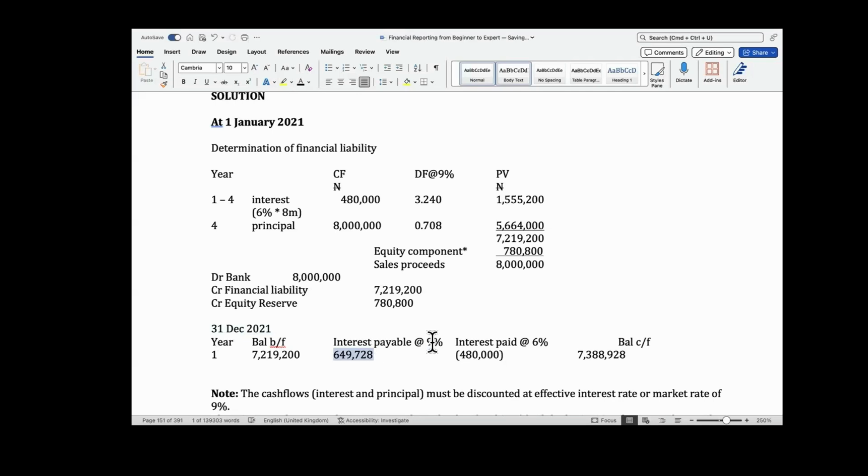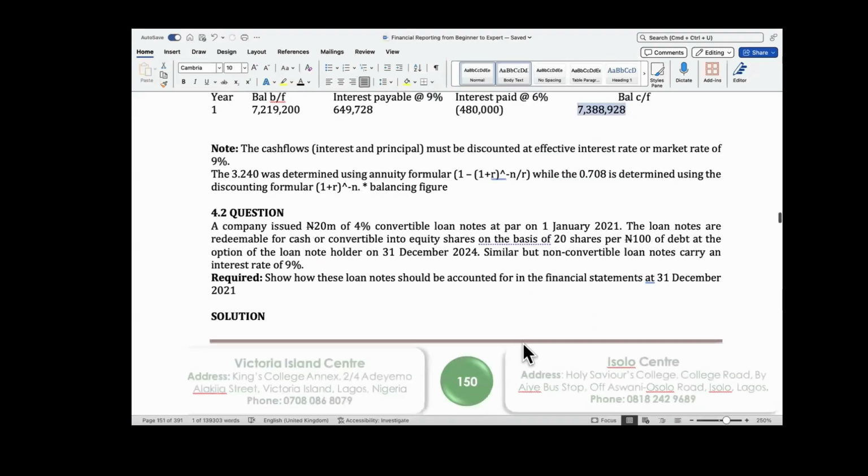That's the interest payable based on the effective interest or the market rate. While under your non-current liabilities, this will be your financial liability, 7,388,928, that will go into your statement of financial position. I promise you, it's not going to be more than this.